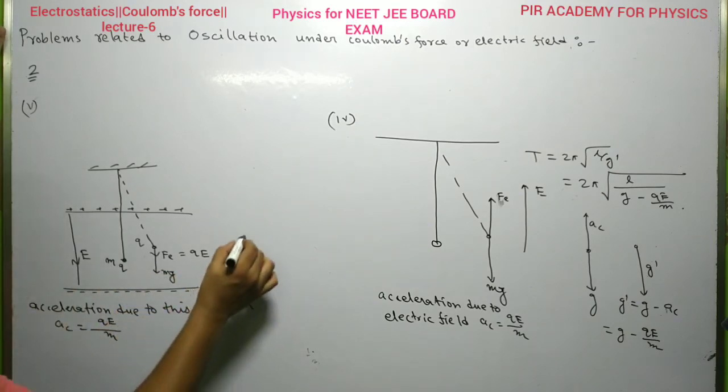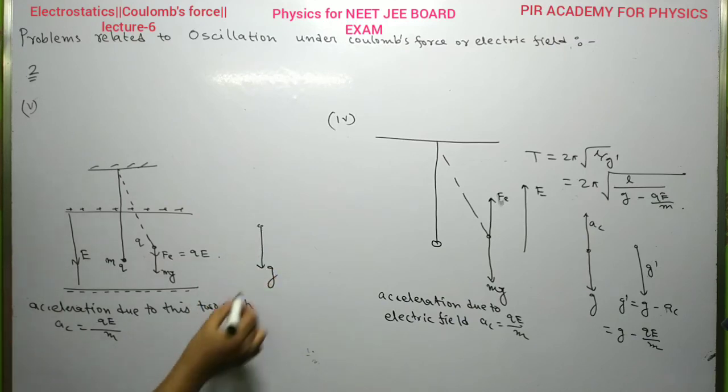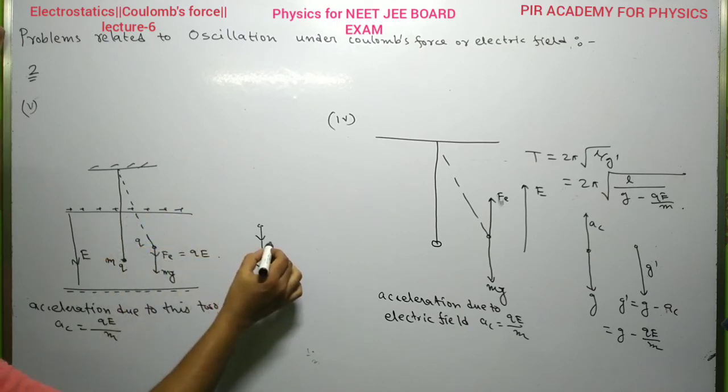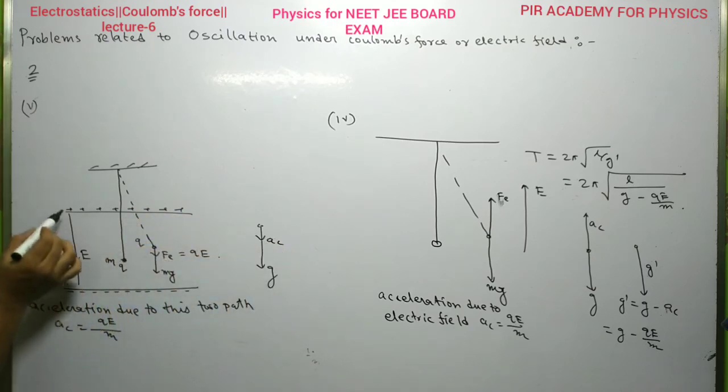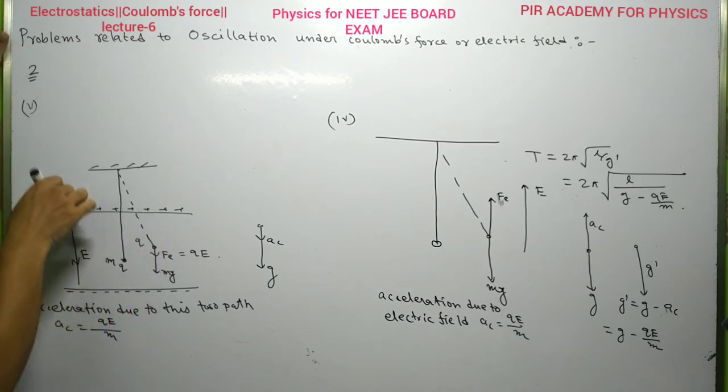Then here you see that the acceleration due to gravity is along this direction and the acceleration due to these two plates is along this direction, because if this is plus and this is minus, the electric field will be along this direction.